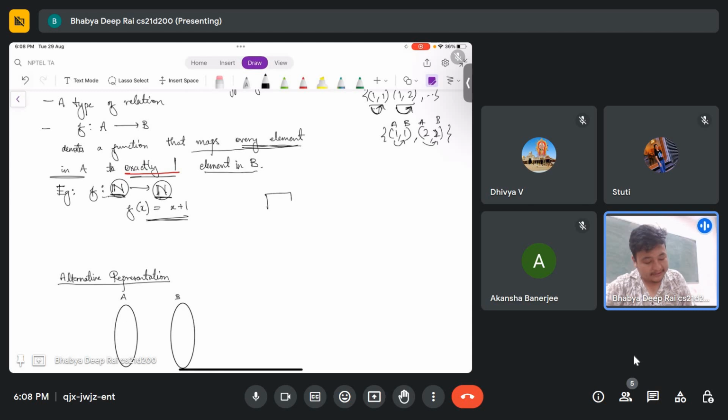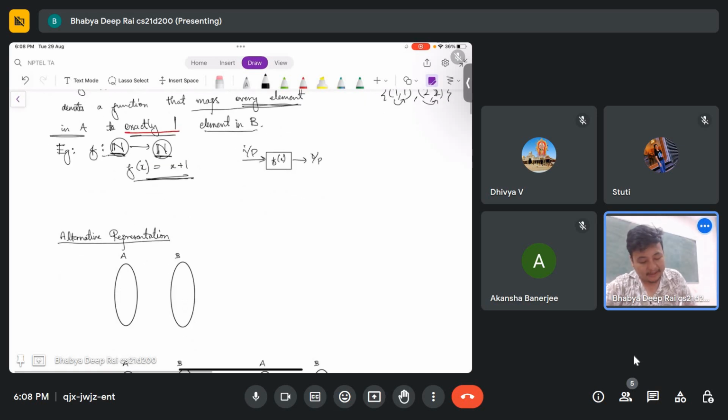In this very algebraic way of looking at it, functions can be thought of as a box where I can put an input and get an output. For example, f of x is written as x plus 1. So we can input any natural number. Let's say I do f of 1. So f of 1 is 1 plus 1, which is 2.